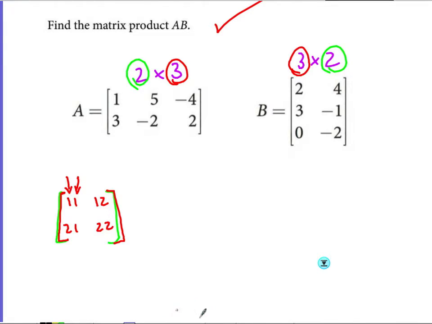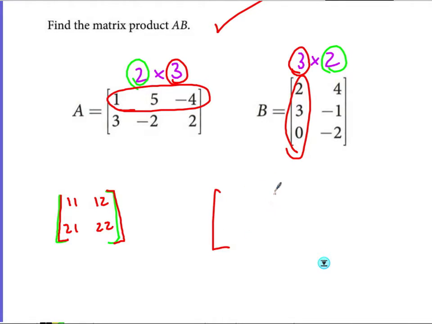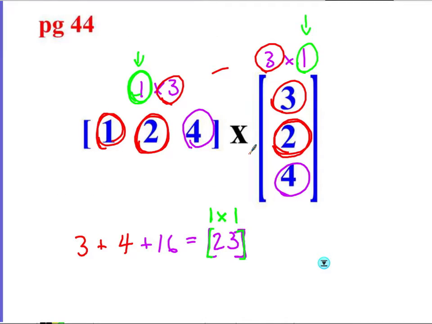So here's what I mean. 1 1, the first number represents the row of the first matrix, and the second number represents the column of the second matrix. So first row, first column. And this is what I'm going to multiply together in order to find the entry of my 2 by 2 matrix. So remember how I multiplied these?